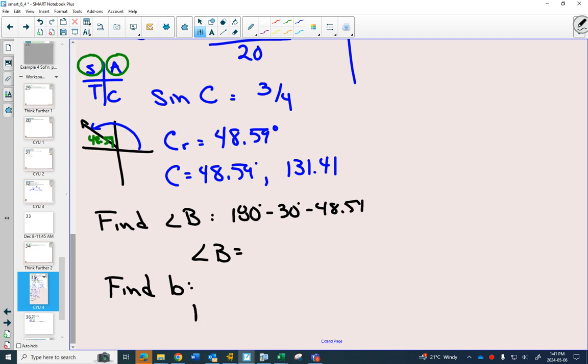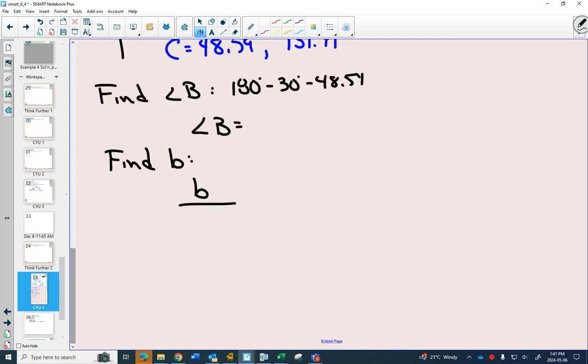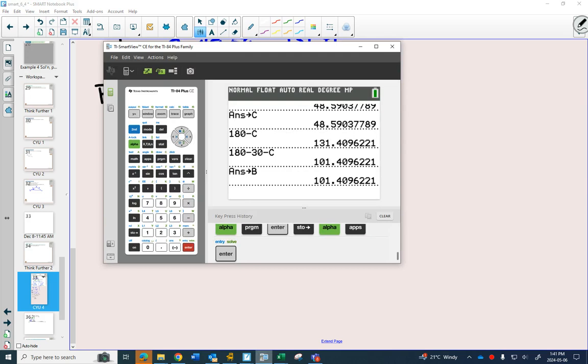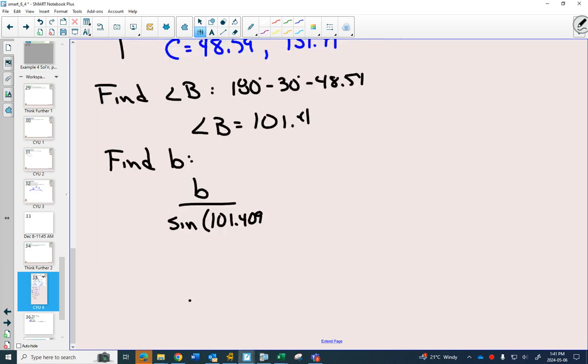We can find b, because b over sine of 101.41, maybe what I would show, 101.4... Sometimes in my work, I would show a couple more decimal places with 3 dots. That tells the teacher, whoever's marking this, I haven't rounded.